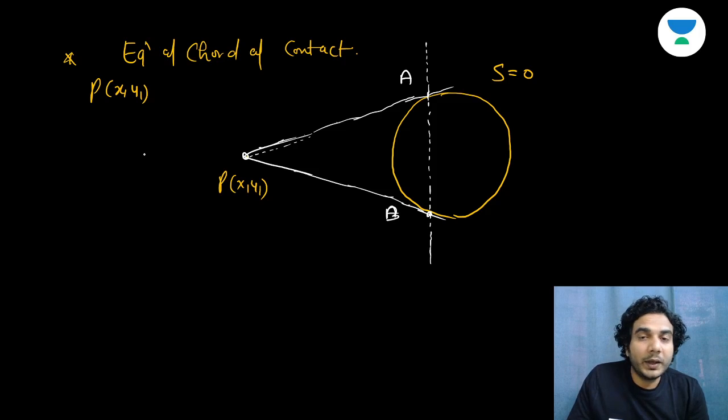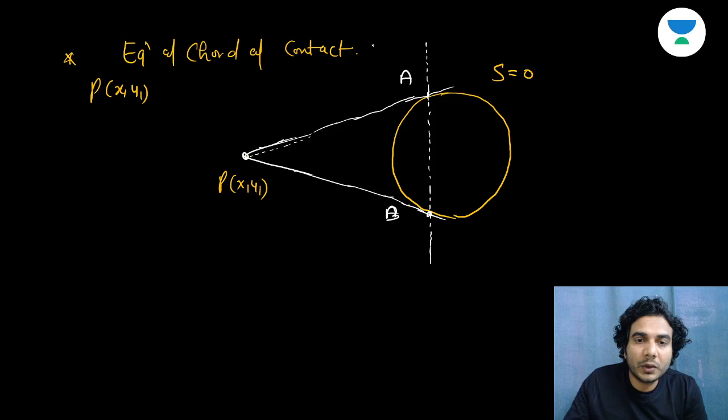So chord joining the points of contact of tangents drawn from point P is called chord of contact of the circle S with respect to point P. Chord of contact of tangents drawn from point P.